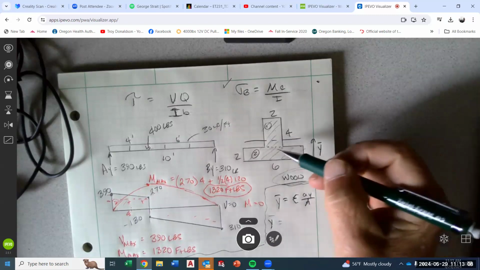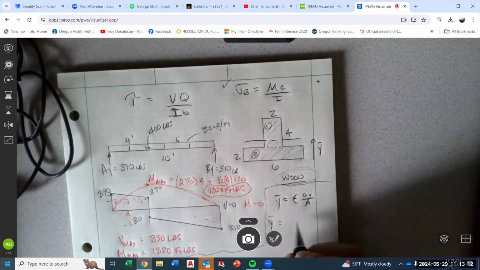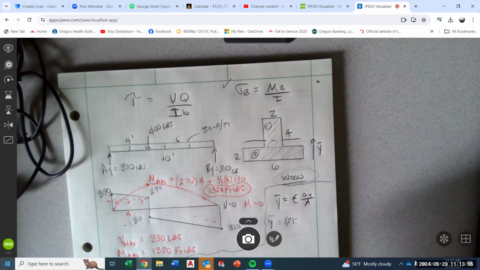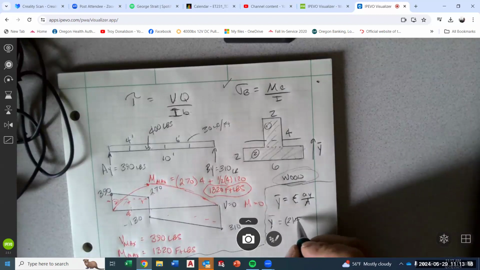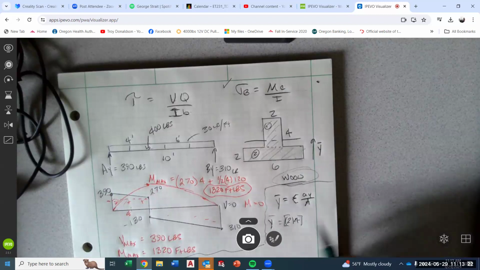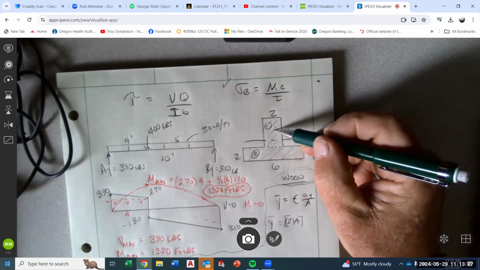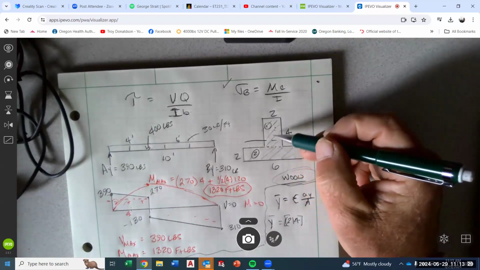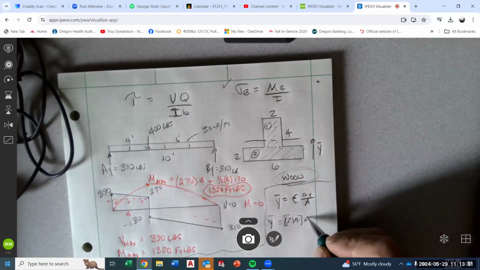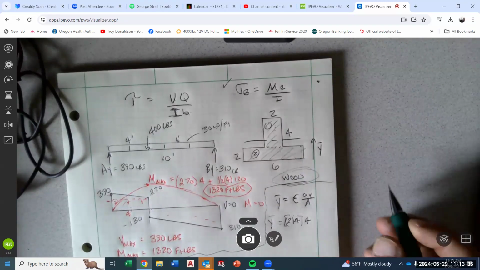So I'll do the first one, area 1, 2 times 4. So that's A1 times Y1, and that's the Y distance up to the geometric center of this shape. So it's going to be 2 up, and then another 2, it's going to be 4. So that's A1, Y1.